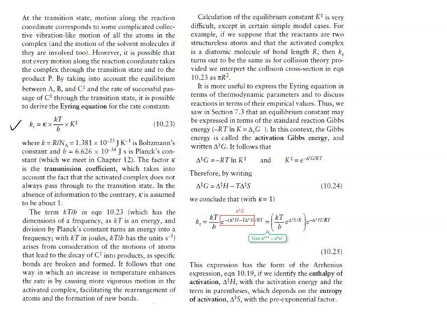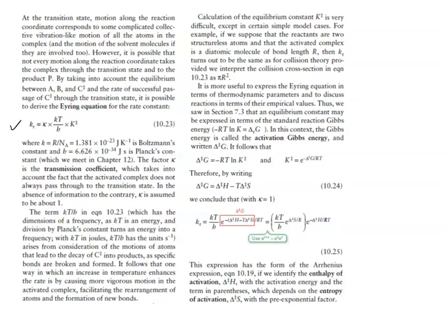And h equals 6.626 times 10 to the negative 34 joule seconds, being Planck's constant. The factor kappa is the transmission coefficient, which takes into account the fact that the activated complex does not always pass through the transition state. In the absence of information to the contrary, the transmission coefficient is assumed to be about 1.